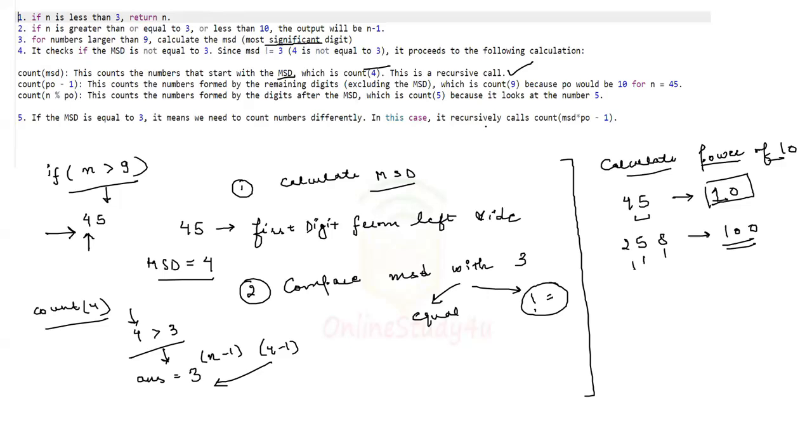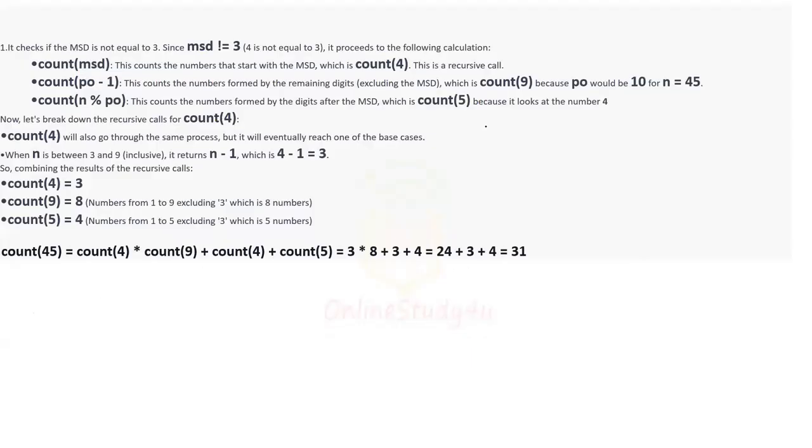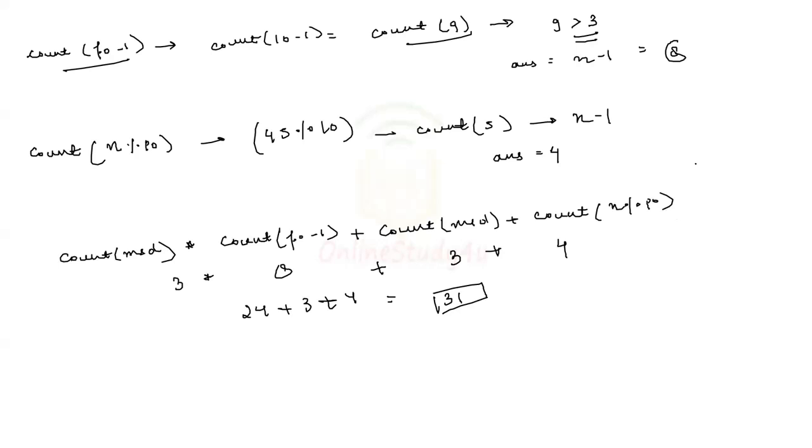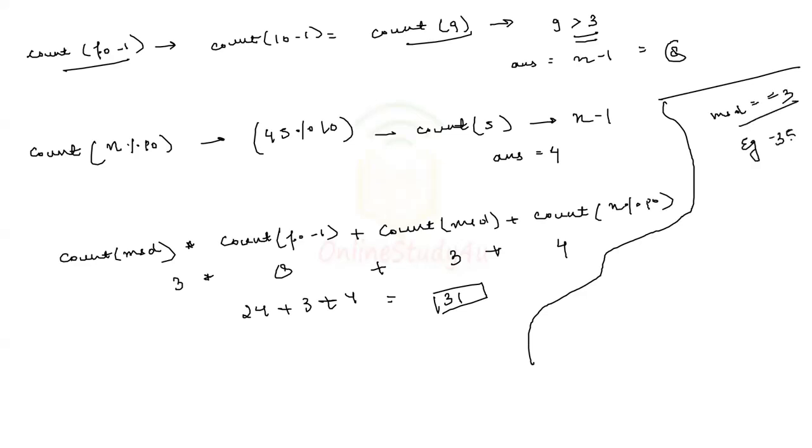In that case, suppose when your MSD is equal to 3, I'll write over here, when MSD is equal to 3. Suppose you have a number 35. For 35, the first number that comes from the left side is 3. So MSD is 3.